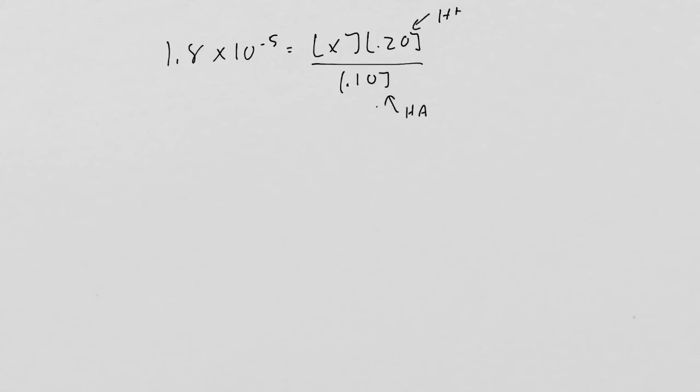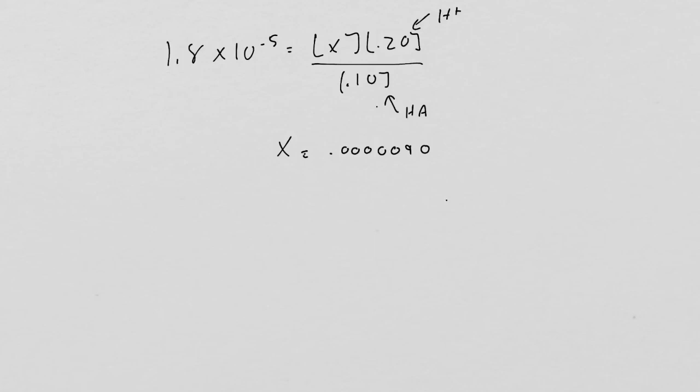And yes, we're making an approximation here. When we solve this, we get X is equal to 0.000090. That's a small number. It's basically half of 1.8 times 10 to the minus 5. And that's how you should view this, because you're multiplying by 0.1 and dividing by 0.2, so you're really just dividing by 2, or 1/2 that number.